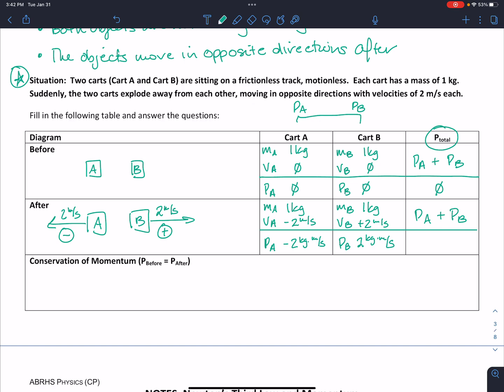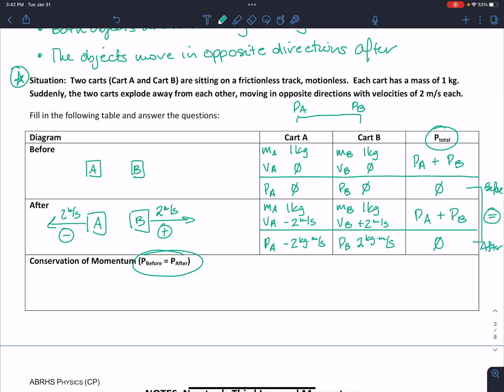A negative 2 kilograms times meters per second plus a positive 2 kilograms times meters per second is 0. So as you can see, this is before, this is after, and they are equal, which means momentum has been conserved.